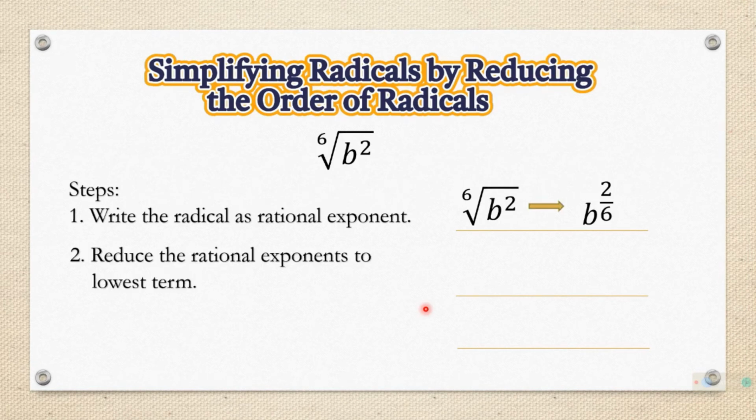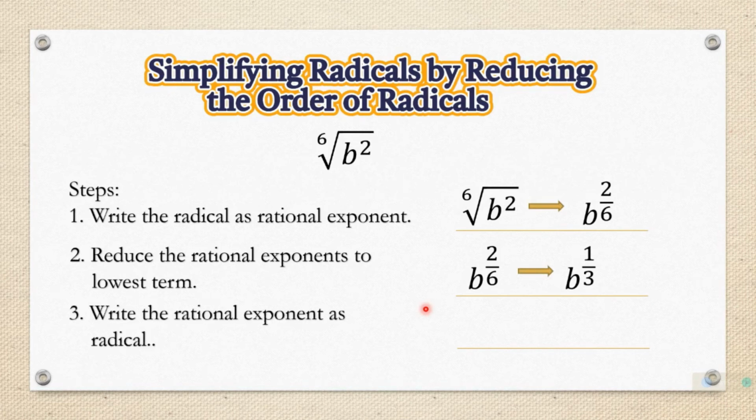Then let us reduce the rational exponent to lowest terms. 2 over 6 can be written as 1/3. And now let us write the rational exponent as radical. So b raised to 1/3 is equal to cube root of b.